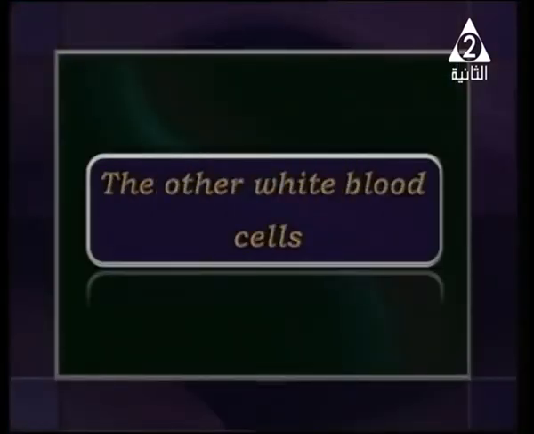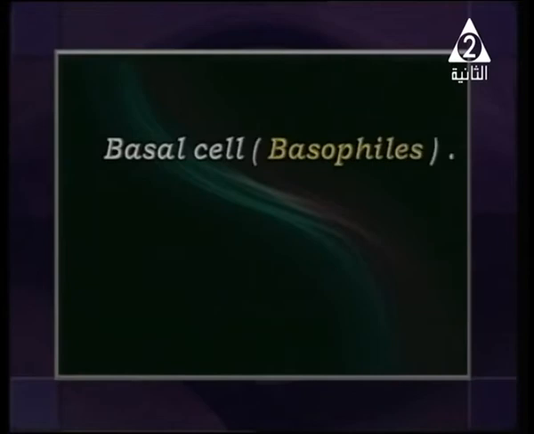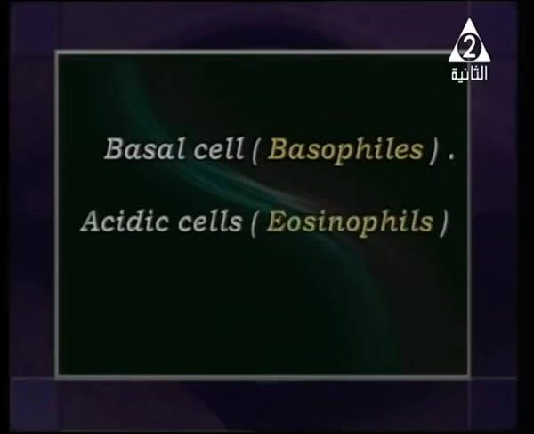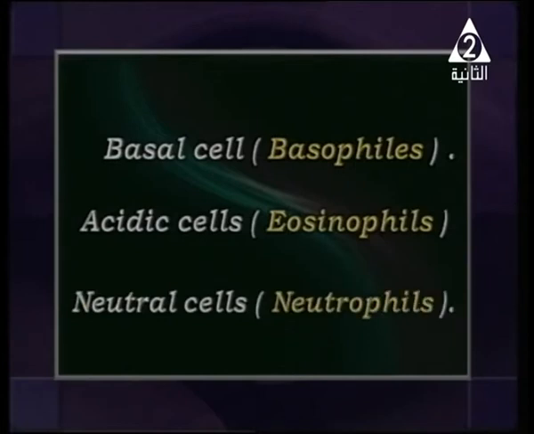The other white blood cells inside our body are such as basal cells, called basophils. Also we have acidic cells, or eosinophils. We also have neutral cells, or neutrophils.